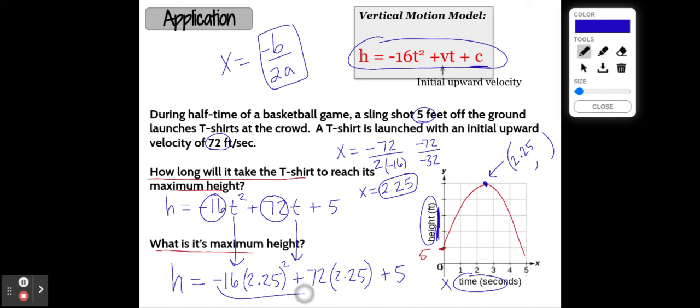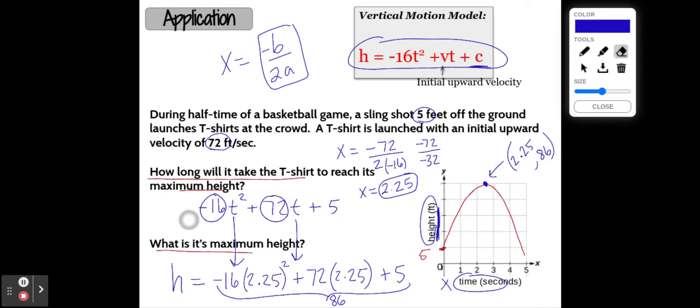You're going to type all of that into the calculator, and that's going to give you the height, the y. When you plug it all in, the calculator will tell you a nice round 86. Woo, 86. That's our y value.